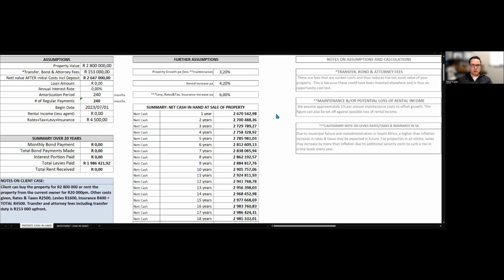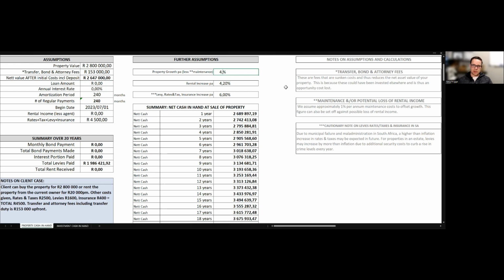Okay, let's say you are slightly more positive on the property outlook in the future. So let's assume you're going to get 4% return on your property. And okay, rental increase doesn't matter in this case. Let's say even 4.2.